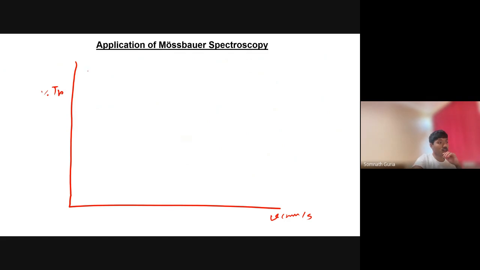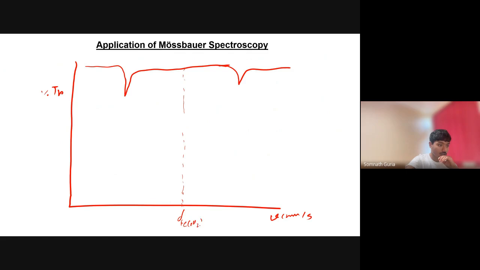Initially they started with a Mossbauer line like this, with a large delta EQ value, and the delta value over here is this. This is the delta value, and this is the delta EQ value.